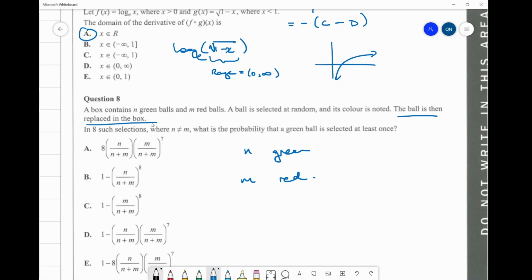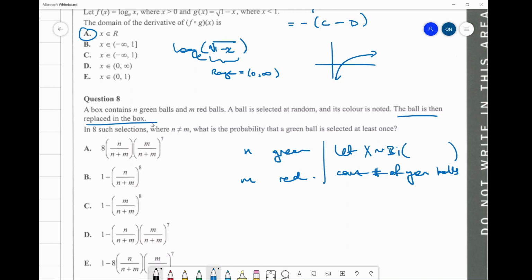So we're not changing the probabilities here, which means this is binomial. We can use the binomial distribution. We're doing 8 selections. What is the probability that a green ball is selected at least once? We're going to let x be a binomial counting the number of green selections.